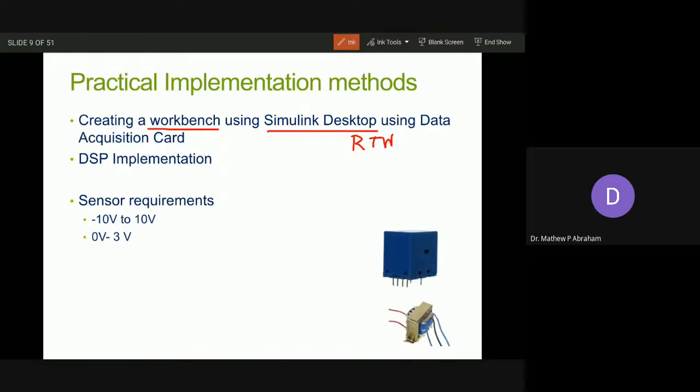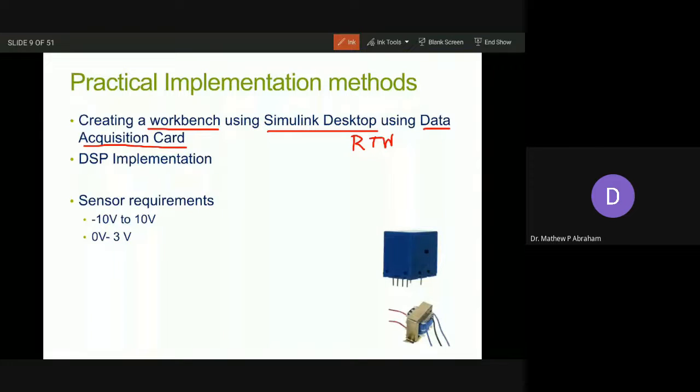What we require additionally is a data acquisition card. Several data acquisition cards are available in the market. We can purchase one data acquisition board and insert it into the desktop so that we can easily create a practical workbench.